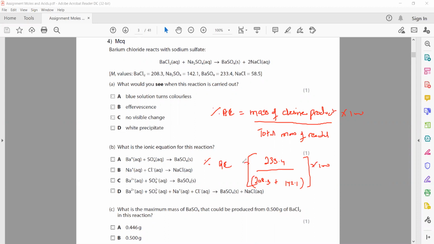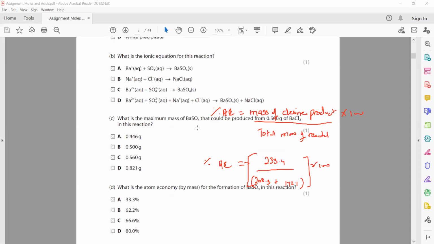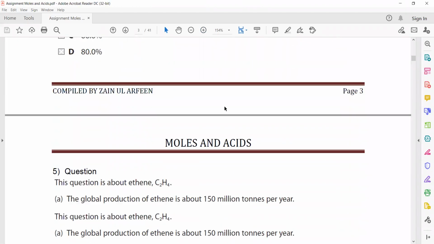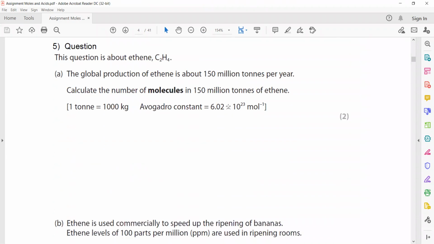So 233.4 divided by 208.3 plus 142.1, times 100. This will give us the percentage atom economy, which comes out as 66.6%. So C is the right answer for part D.